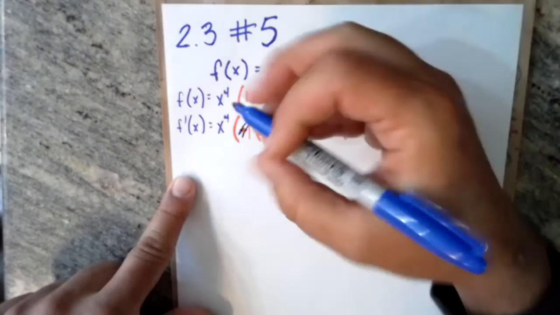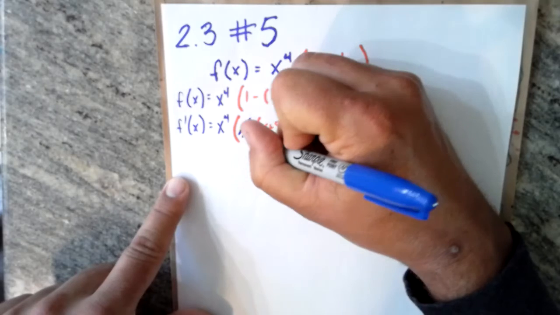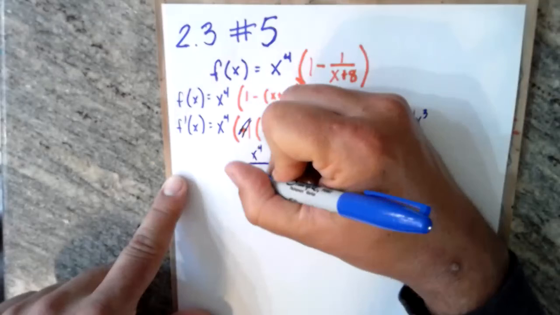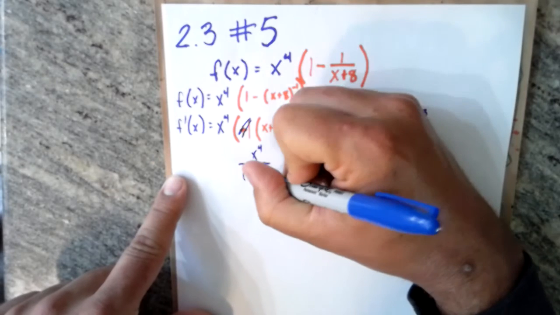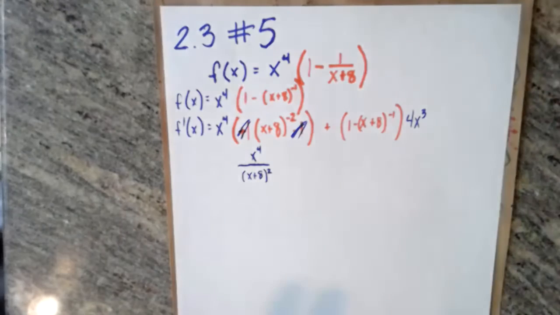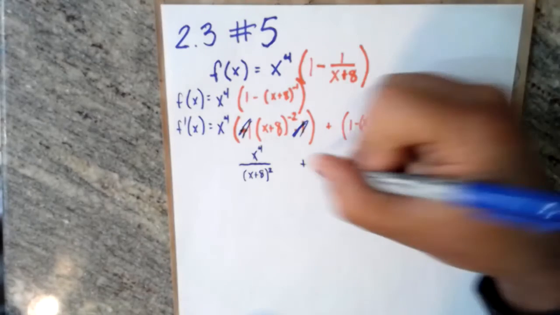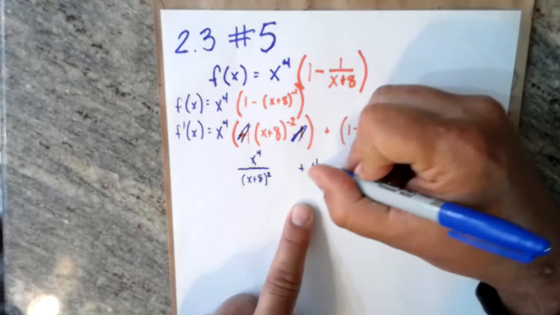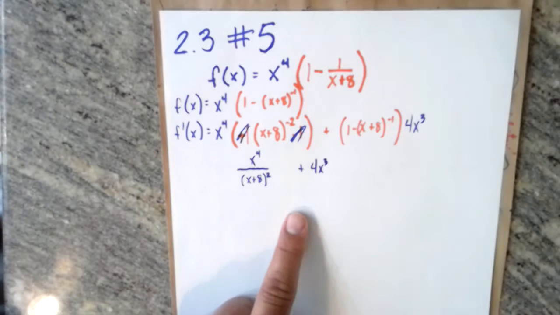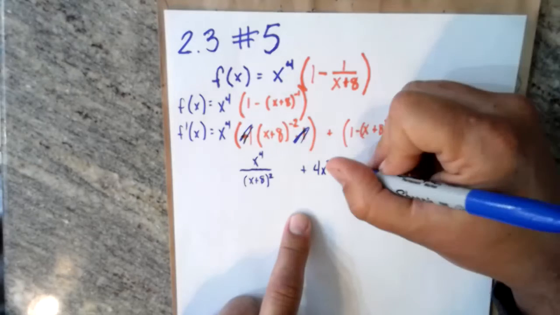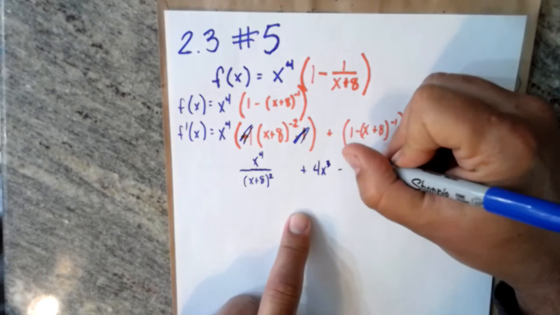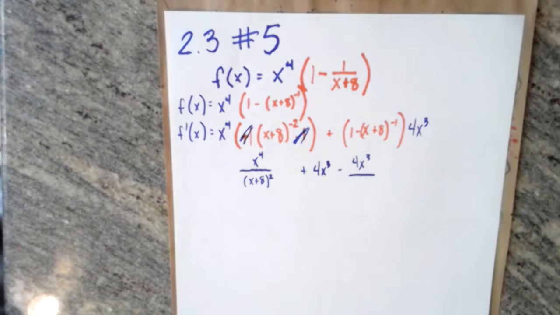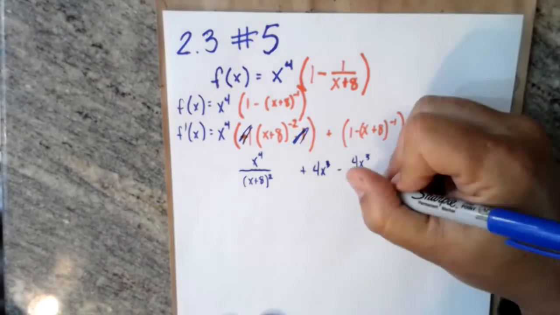So we're going to rewrite this one as x to the fourth over (x plus 8) squared, and then plus, let's distribute, 4x cubed times 1 is 4x cubed. And then we'll just call it minus 4x cubed over x plus 8.